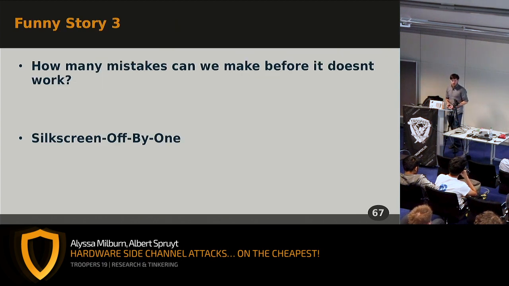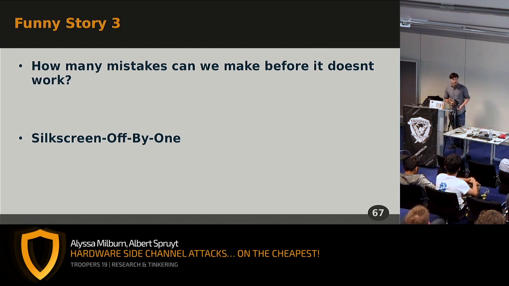So basically what we see is that we can make all these mistakes, and we still get these attacks to work. So how many mistakes can you make so that it stops working? Originally we worked on some prototypes which someone else made for a different reason, and the silkscreen, the writing next to the pins, had an off-by-one.